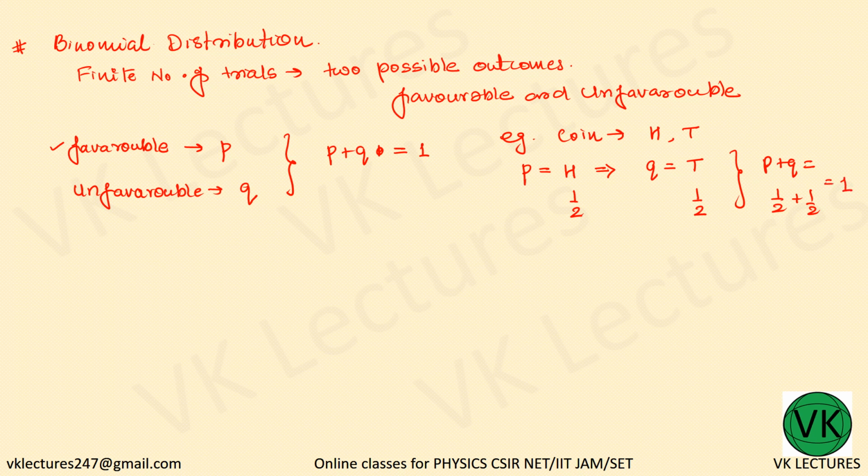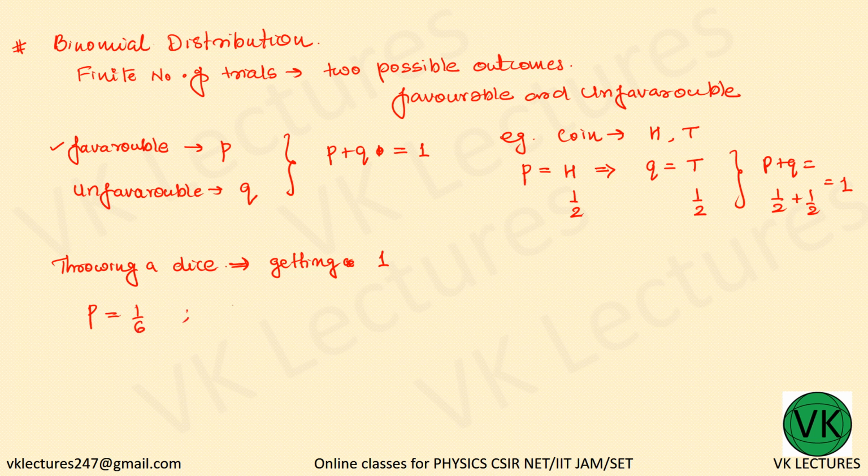Similarly, if I throw a dice, for example, the favorable probability is getting 1. What is the probability of getting 1? That is equal to 1 by 6.